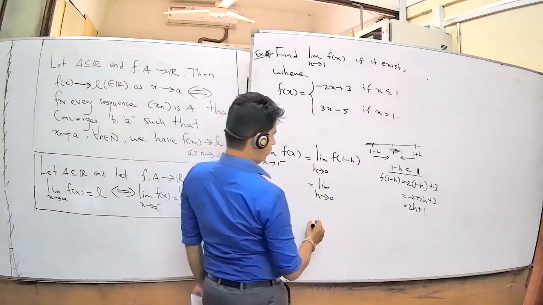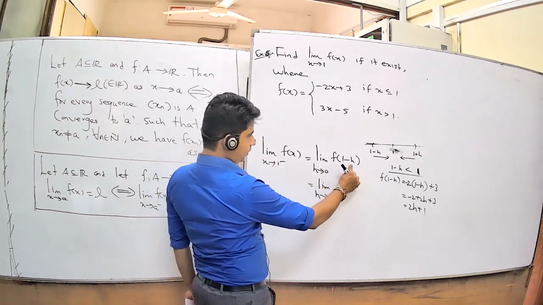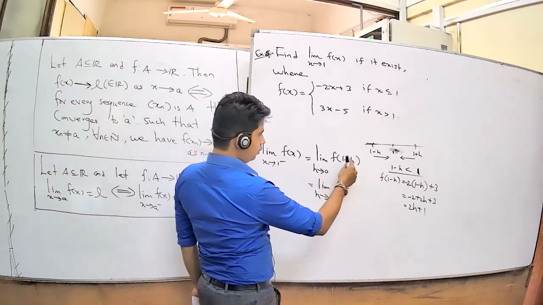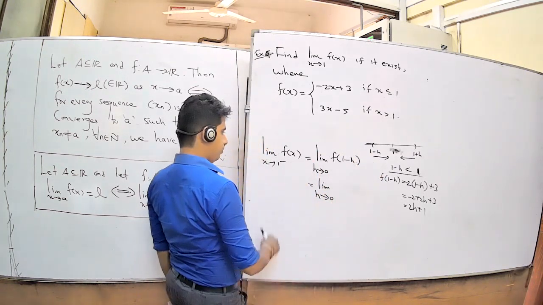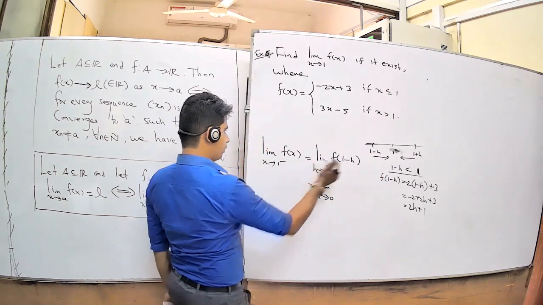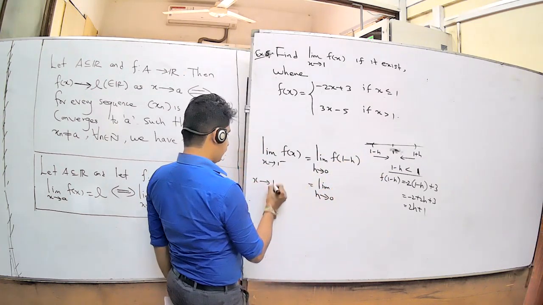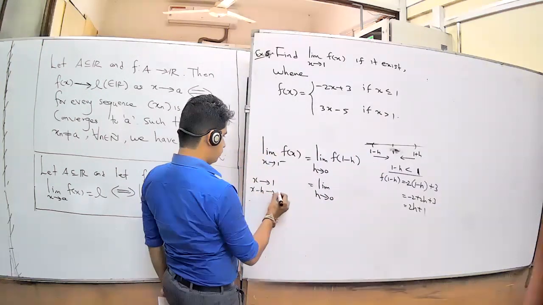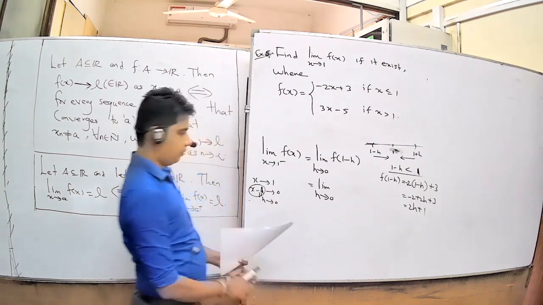Suppose 1 minus h tends to 0, then this x tends to, because 1 minus h equals x. Suppose x tends to 1 means 1 minus h tends to 0. Now x minus 1 is your h. Therefore h tends to 0.